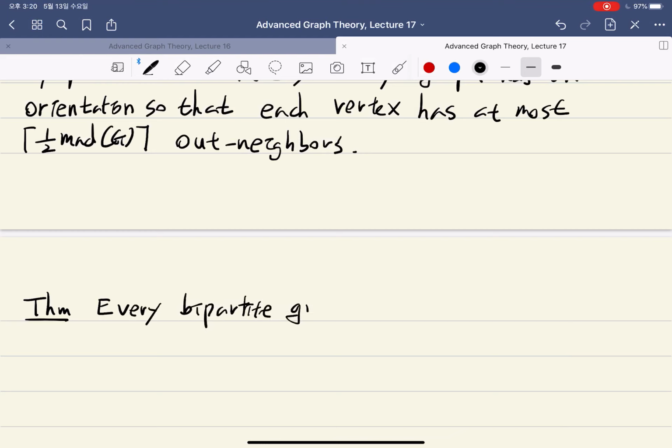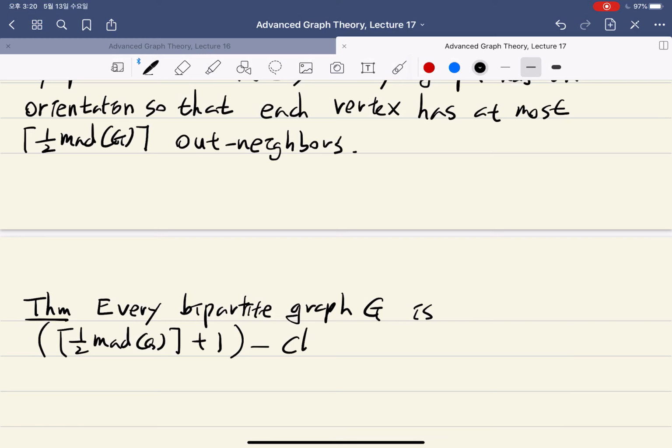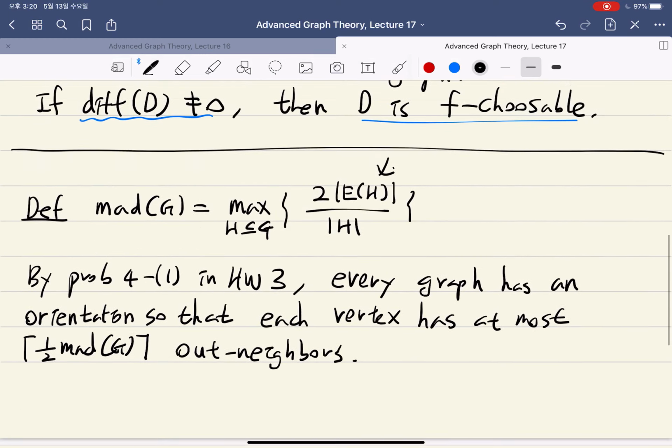Okay, then from this we can actually prove that every bipartite graph G is half of the maximum average degree, taking the ceiling, plus 1 choosable. Why is it?